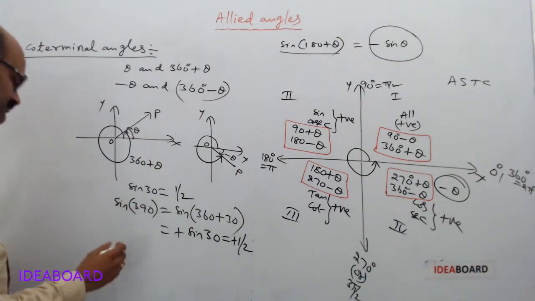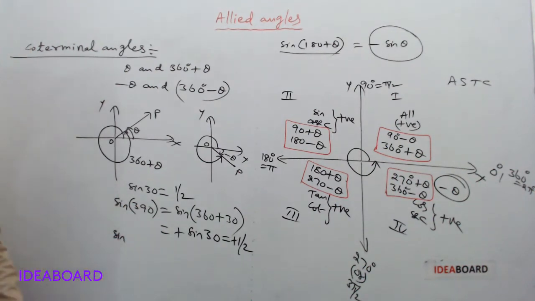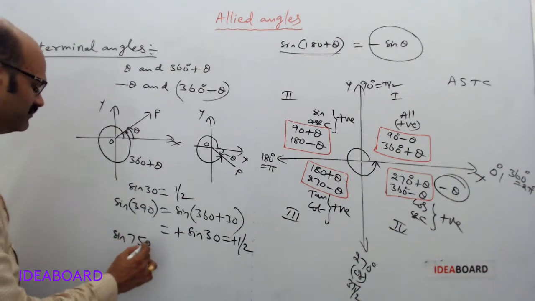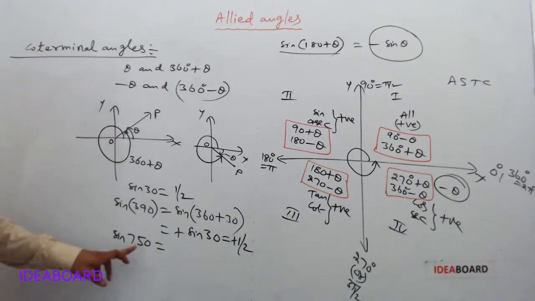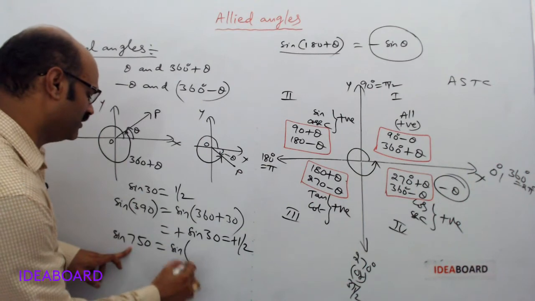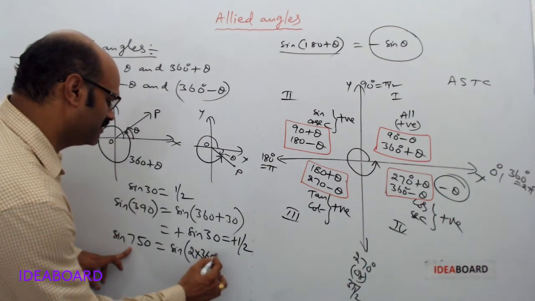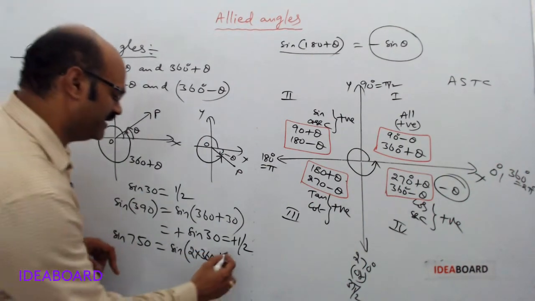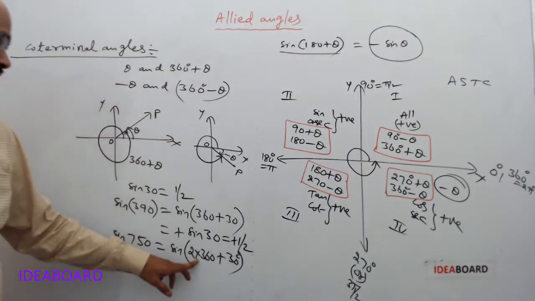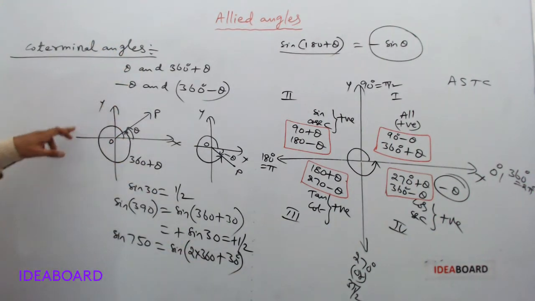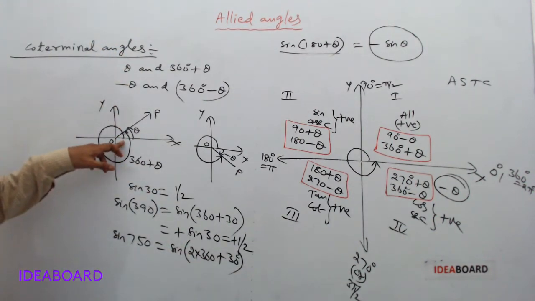Even if you take sine of 750, you can take it as sine of 2 into 360 plus 30 degrees. 2 times it will complete the revolution.